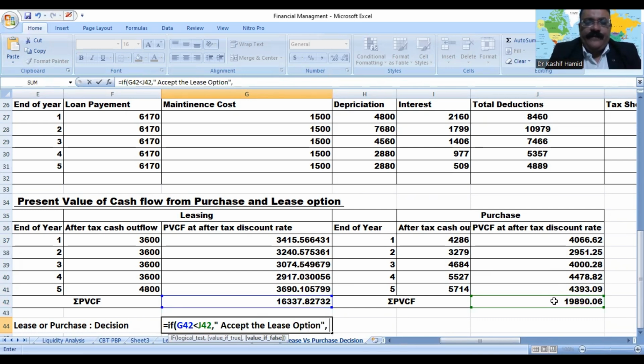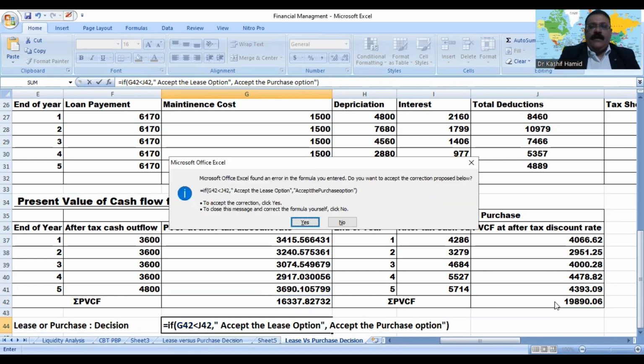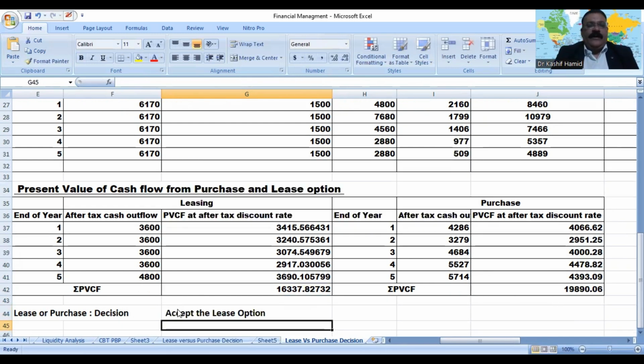Otherwise, accept the purchase option. So here the answer is to accept the lease option. It's very clear from these computations.